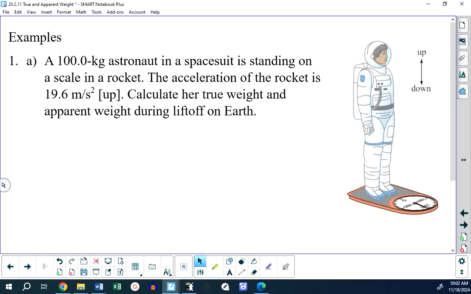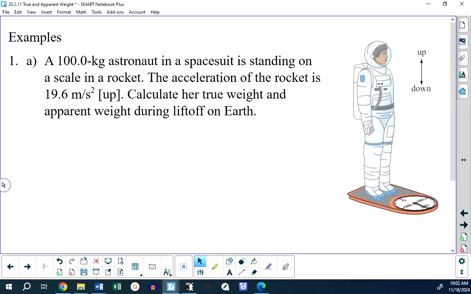If a rocket is accelerating up, if an elevator is accelerating up, will your apparent weight be more or less than your true weight? I can tell right away by the looks on some of your faces that maybe this method isn't the simplest for some of you. So let's do it the other way first, which is the physically correct way to do it, and then I'll explain the shortcut, which is what I do.